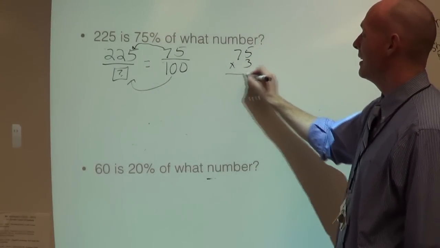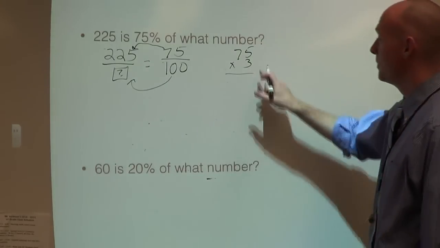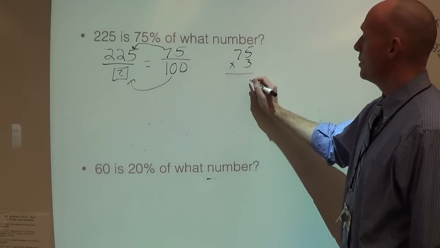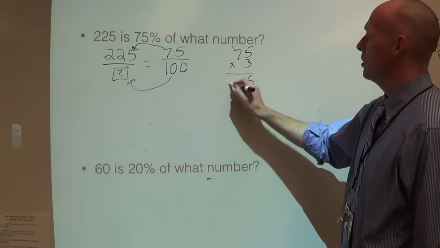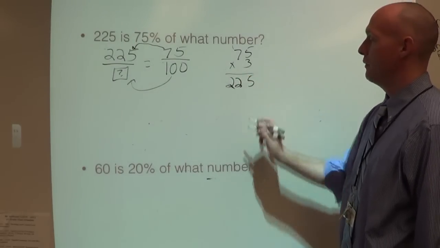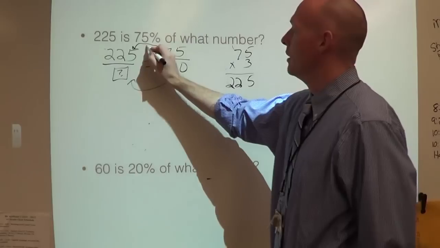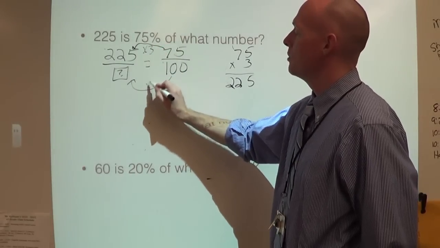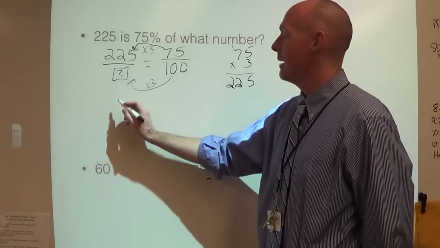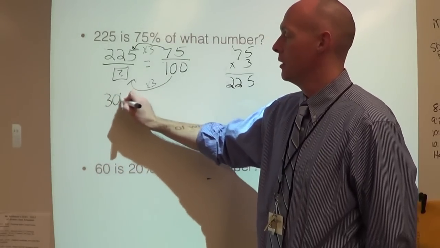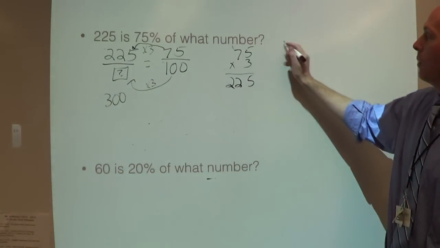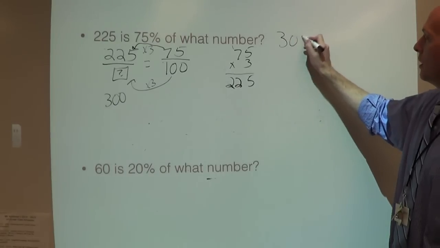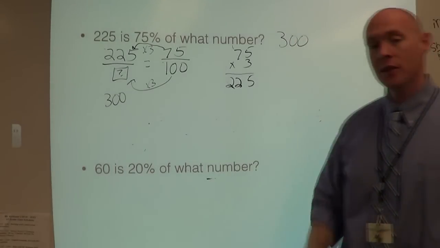Again, I'm just taking a guess. 3 times 5 is 15, carry the 1. 21, 22, and look at that, we got it, 225. So yes, it is times 3. So 100 times 3, that is 300. And therefore, 225 is 75% of what number? The answer is 300.